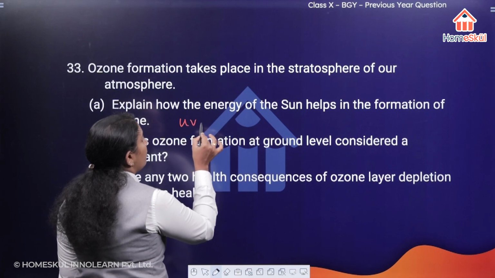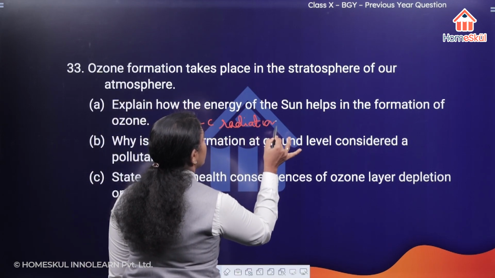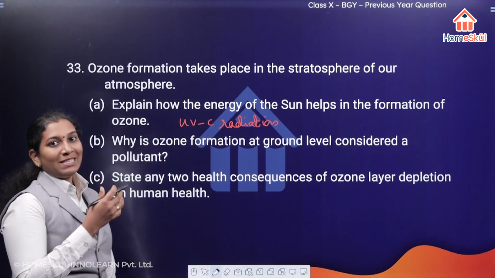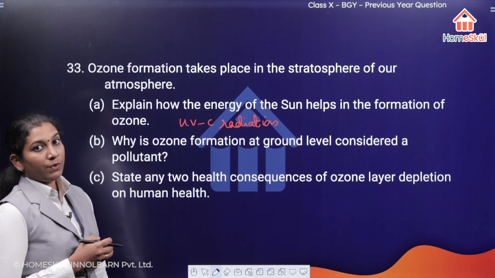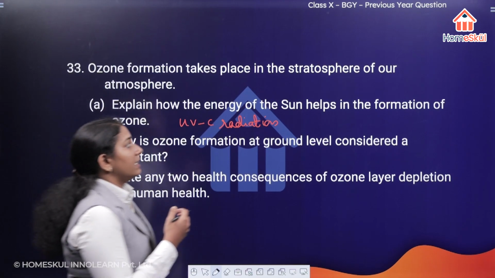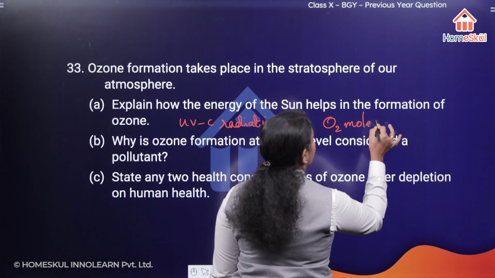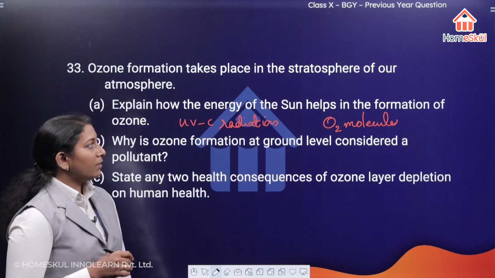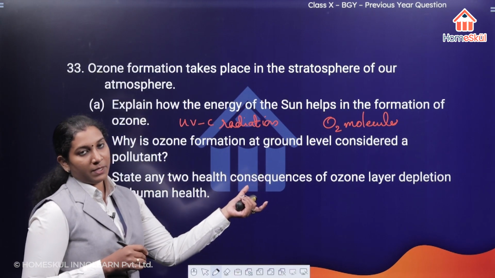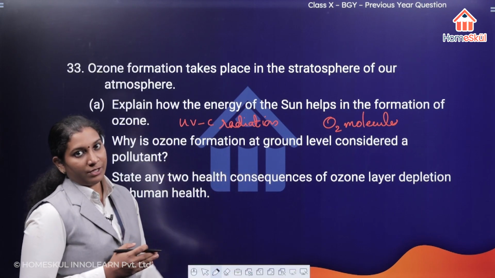So the UVC radiations from the sunlight will get into the stratosphere. What happens is that they will combine with the oxygen molecules that are present in the atmosphere, so they never reach the Earth's surface.